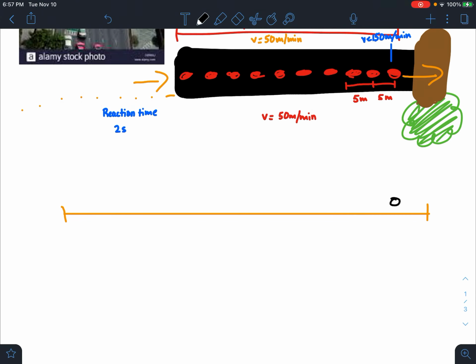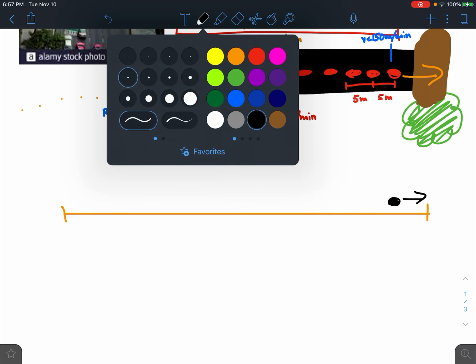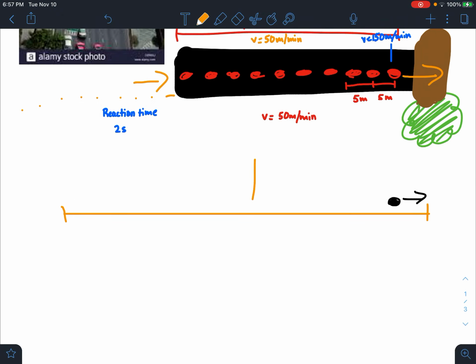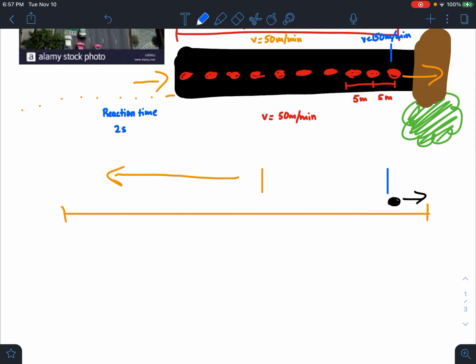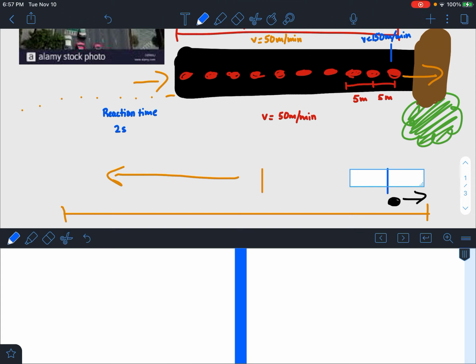As the first car goes, there's this line, and it keeps coming back and back until, like this orange line right here, which is the back line, it keeps going down and down and down until that first line can reach it. That starting position of that 150 meters per minute line can reach it.